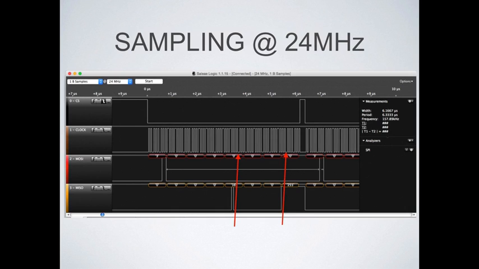I need to be at like 160 megahertz. There are some newer Saleae logic analyzers out there that can clock at 500 megahertz or something like that. They're a little bit more expensive, and we don't have that here today, but it is possible to sample at the rate you need.